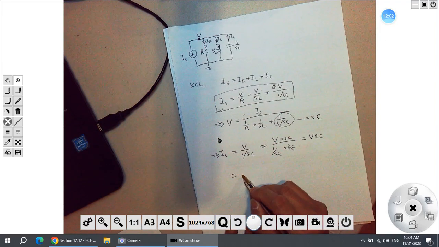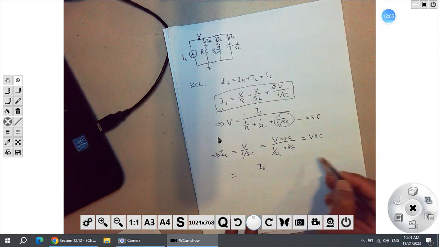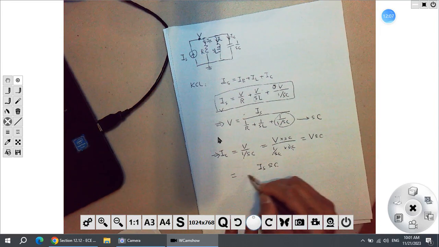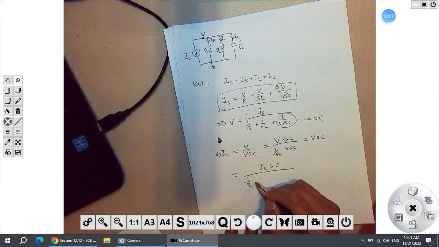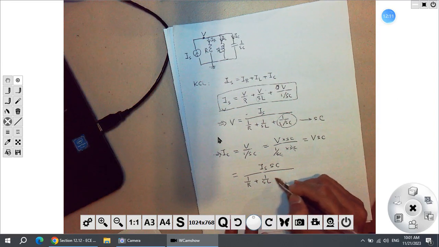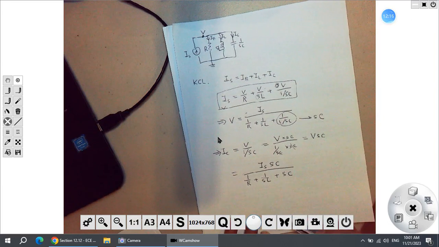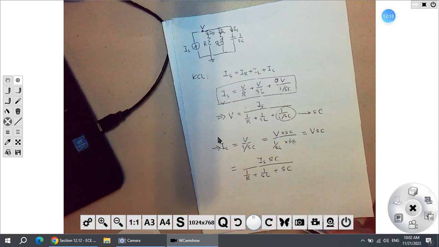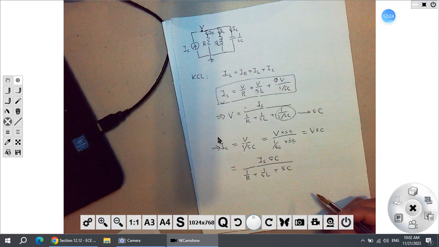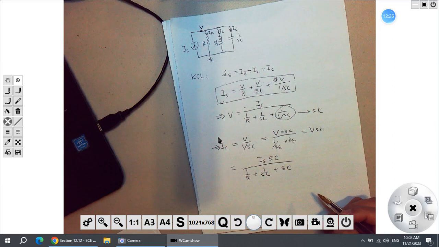So it is IS times SC over 1 over R plus 1 over SL plus SC, right? Then this is a fraction of fractions. The denominator has more fractions. Usually we do not like this, but can we simplify?